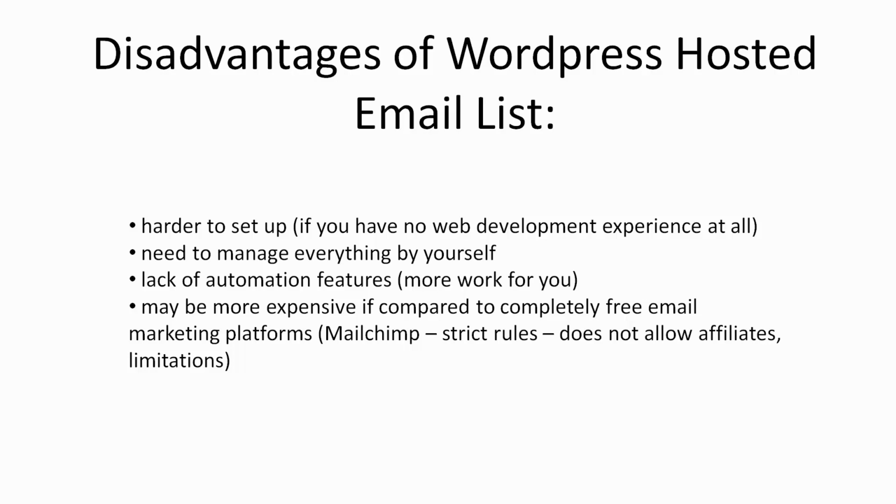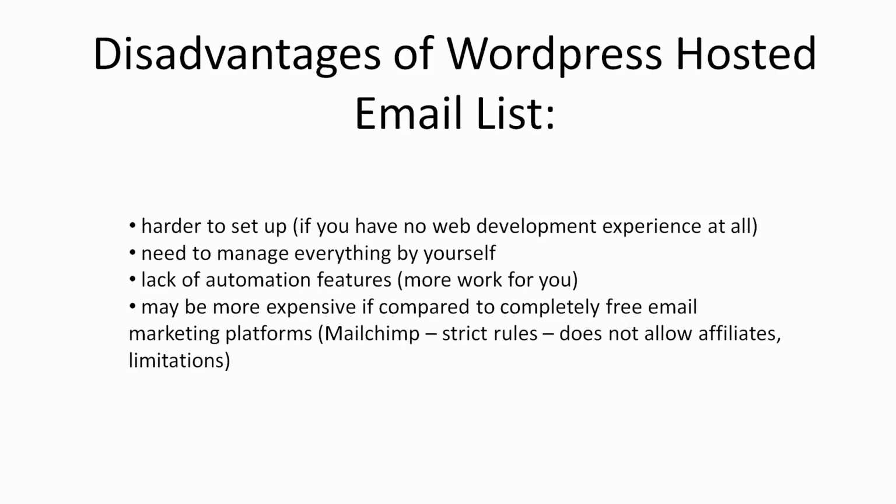So basically, in this tutorial, we're just going to see how to set up everything in WordPress by ourselves. And we're going to be in full control of our email list, so no one can suspend or ban our account. So that's it. And now let's see what we need to actually start.